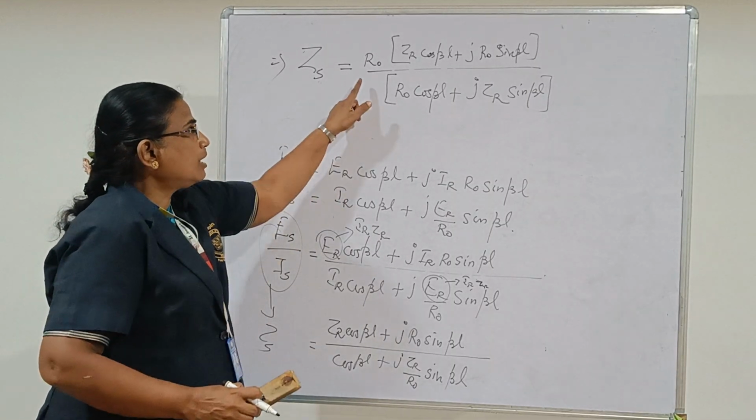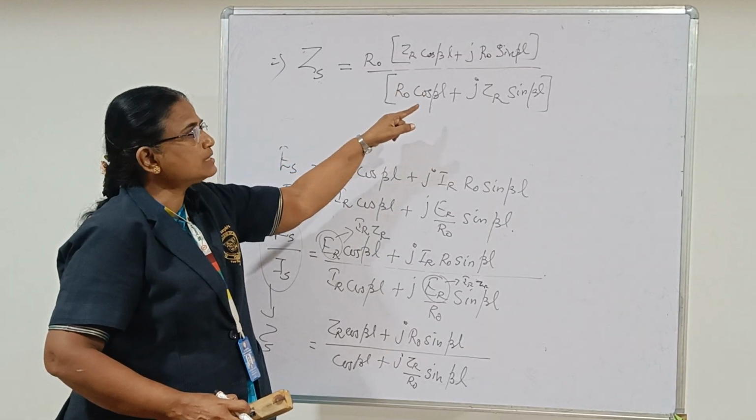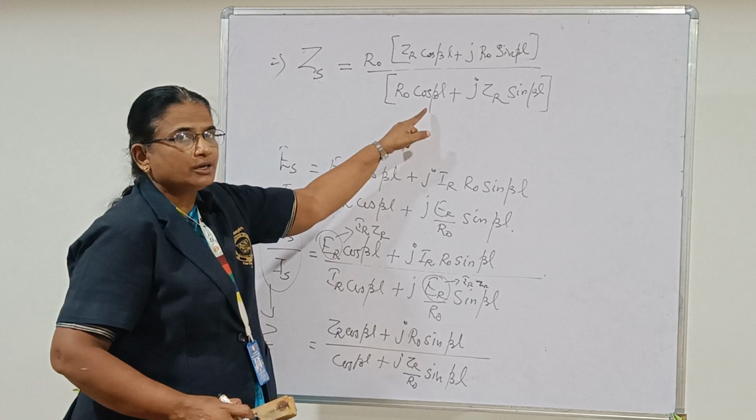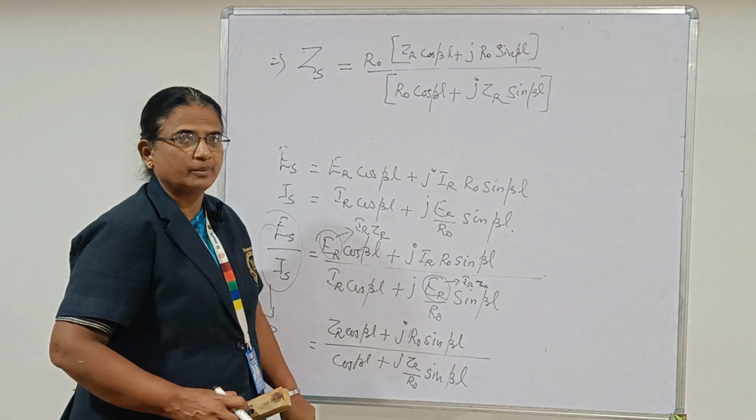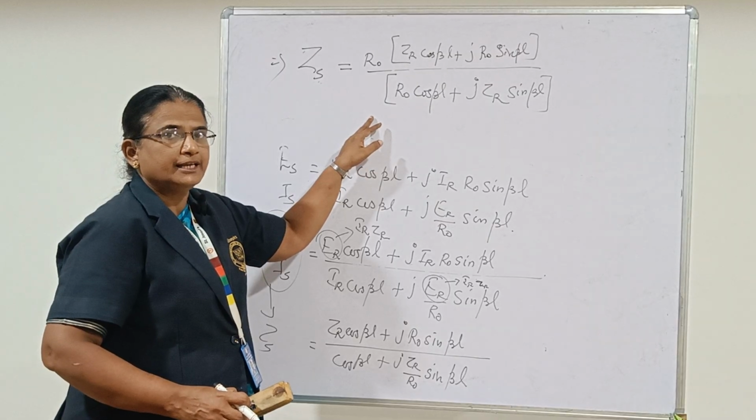So this is the expression for the sending end impedance of a dissipationless line. Here it is R0 into ZR cos beta L plus J R0 sin beta L, by R0 cos beta L plus J ZR sin beta L. This is one form of writing the sending end impedance.